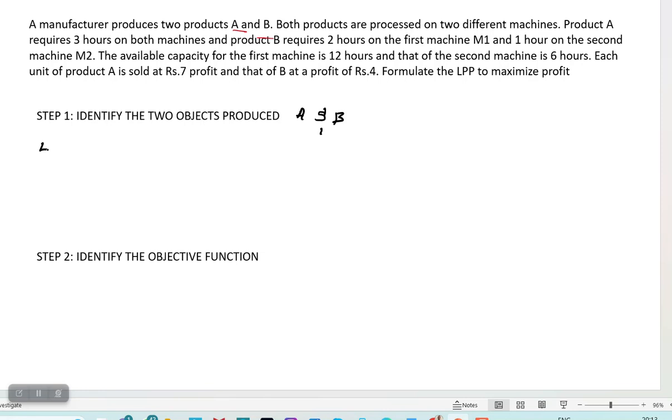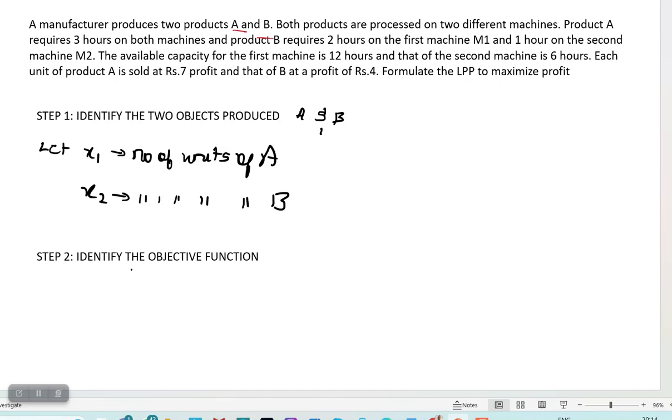We have to say that let X1 be the number of units of A and X2 be the number of units of B. This is our first step, that is, to identify the two objects being produced and calling X1 the number of units of A and X2 the number of units of B.